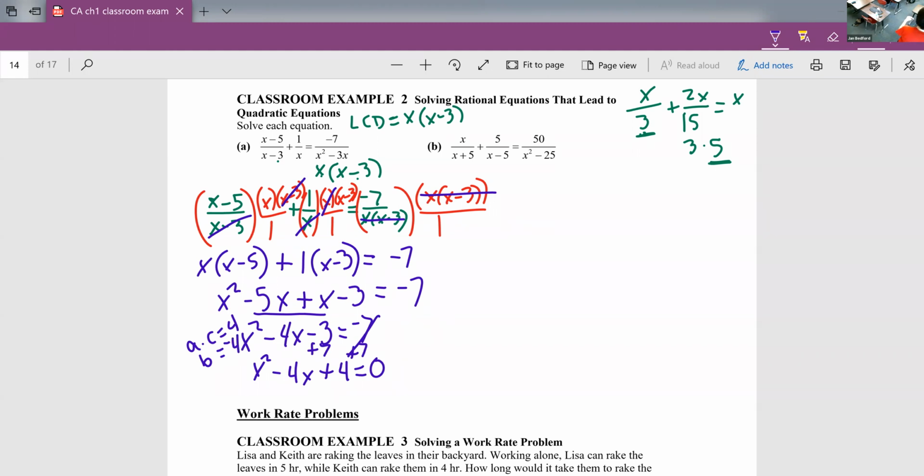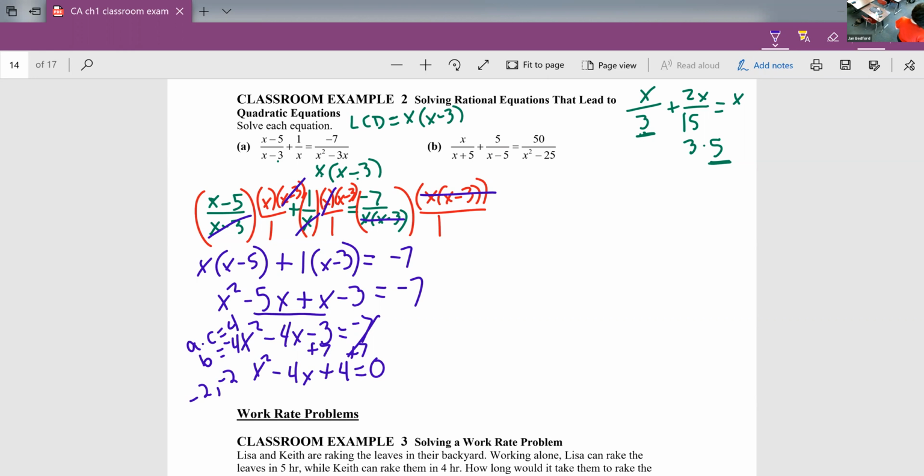Because they multiply to give me a positive. Well, if they multiply to give me a positive, what do I know about signs? If I multiply to get a positive, they're the same. And since B is negative, it tells me they're both negative, right? -2 and -2 is the right pair. Now, those of you who already know the shortcut, that's awesome.